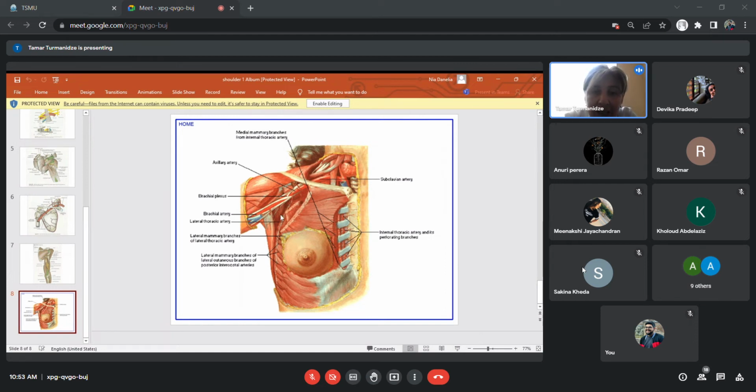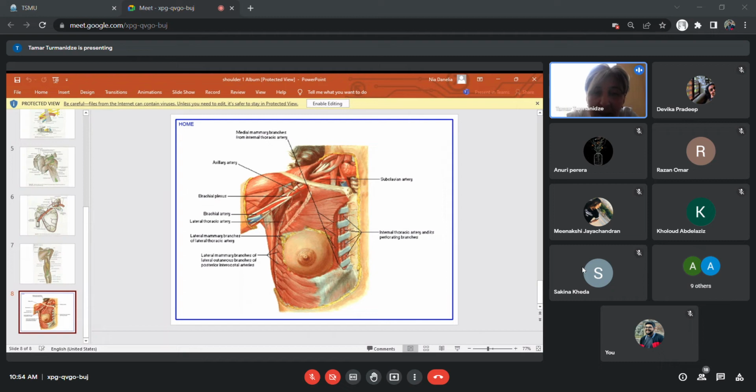Layers of the axillary region. The superficial layers of the axilla are skin, subcutaneous fat tissue, and superficial fascia. Below the superficial fascia is located the deep fascia of this region, below which are located the muscles which form the axillary fossa.